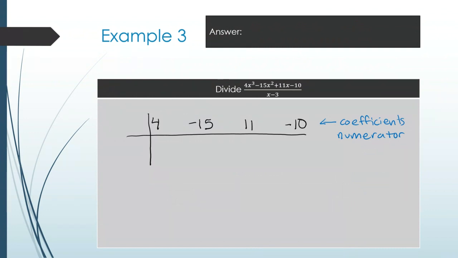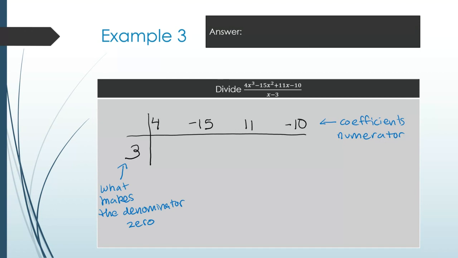That would be 3. 3 minus 3 is 0. So 3 is the number that I'm going to be dividing by. So this is what makes the denominator 0. Another way, because we're always dividing by x plus or minus a thing, it's always the opposite sign of whatever you're dividing by. So if you have x minus 3, you're going to use plus 3.